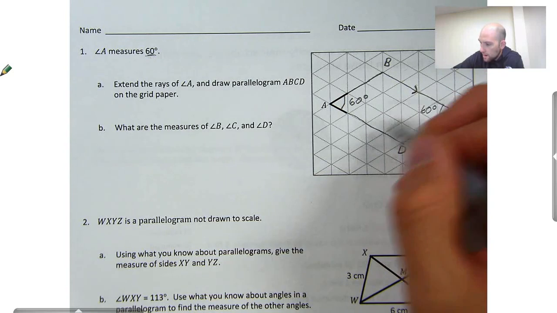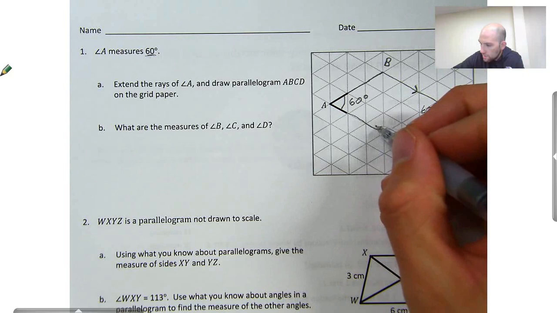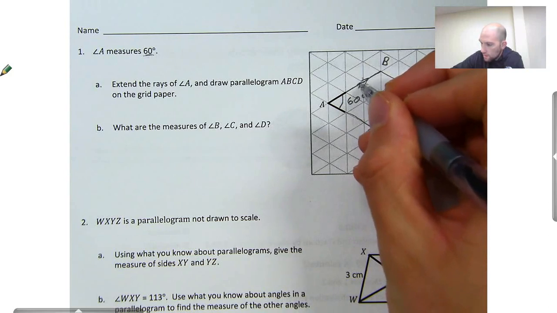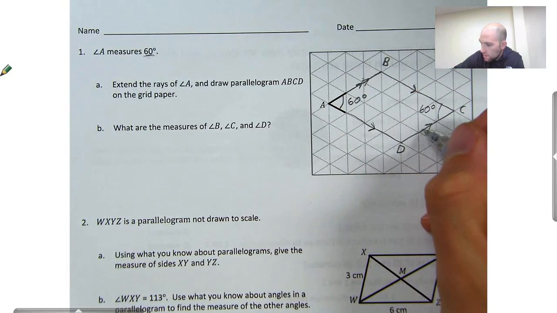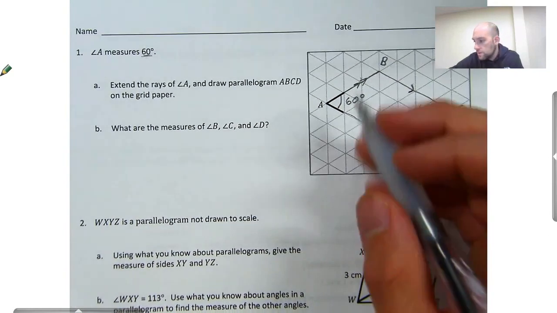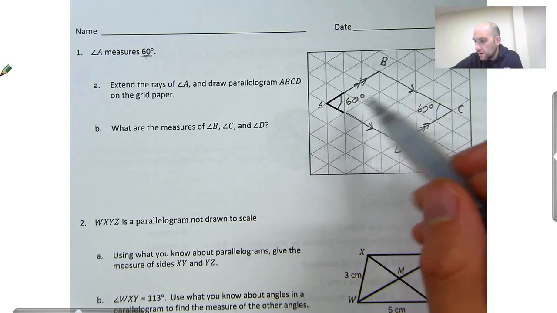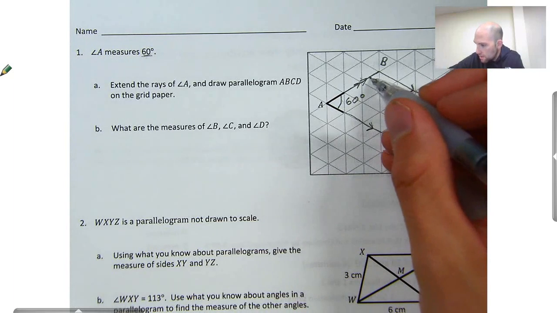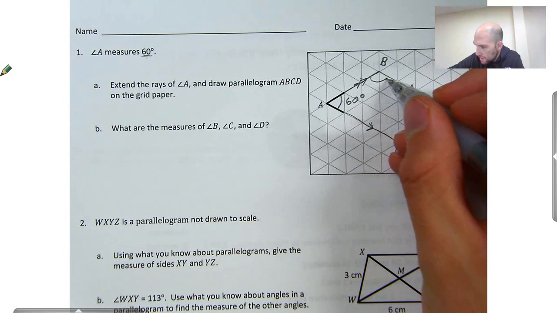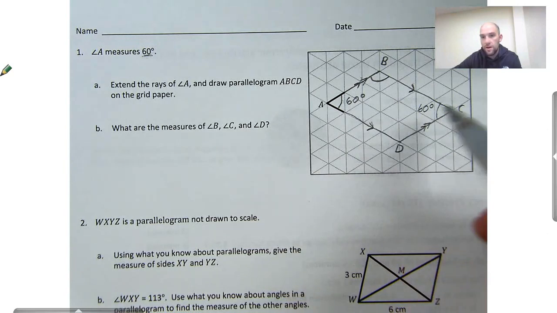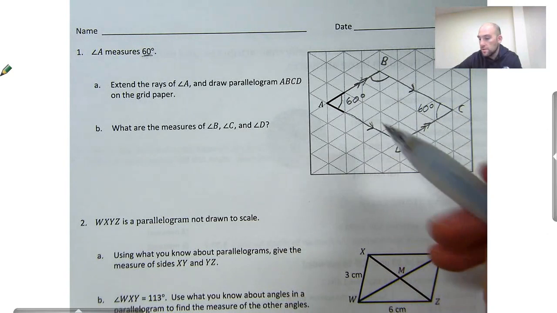We have this side and this side are parallel. We have this side and this side are parallel. So if we go from this angle to the adjacent angle, to the one that's right next to it here, angle A plus angle B has to equal 180 degrees, because we'll have 180 here and we'll have 180 down here between these two angles.